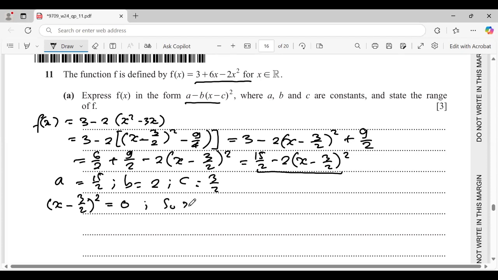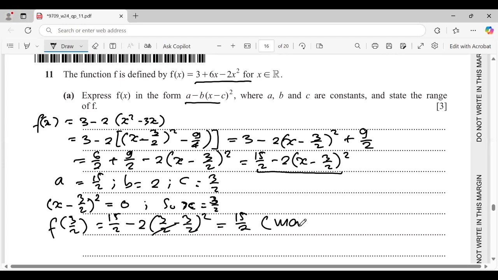So x equals 3 half, and this is when it will be maximized. Now substitute 3 half into the function: 2 times (3 half minus 3 half) squared is 0, so it becomes 15 half. So this is the maximum value.